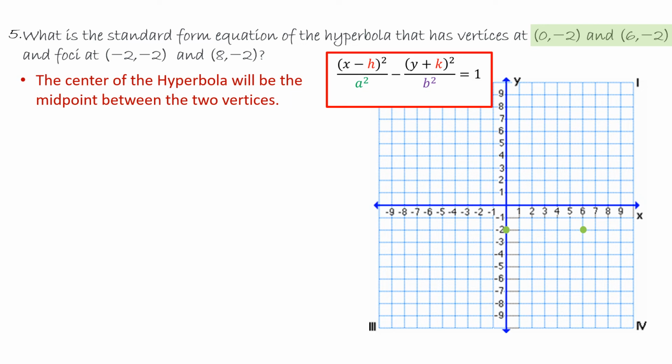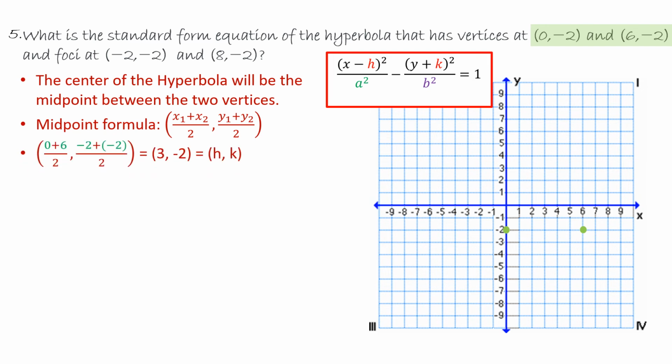It's very obvious the vertices are on a horizontal axis. The center will be halfway. The center is the midpoint between the two vertices. Here you can count the squares or you can use the midpoint formula to find the center of the hyperbola. The center is at (3, -2).